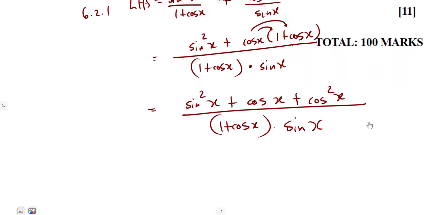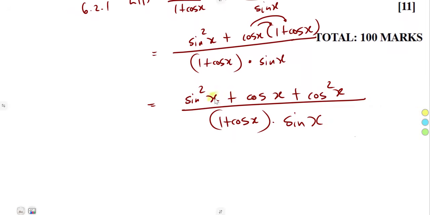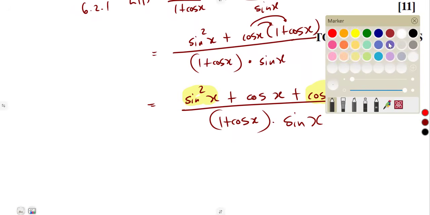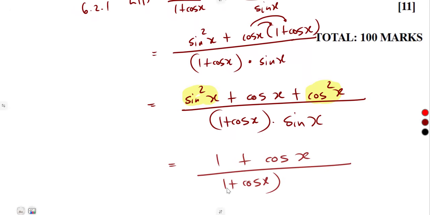Guys, are we seeing that we are back again to that Pythagorean sine squared, cos squared? The sine squared plus the cos squared of x, we know that it is supposed to give us a 1. So this is 1 plus cos of x, everything over 1 plus cos x times the sine of x.